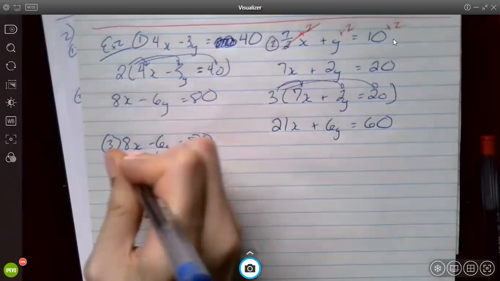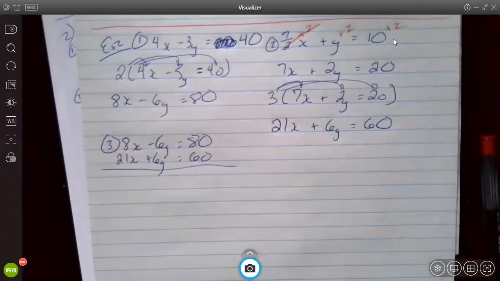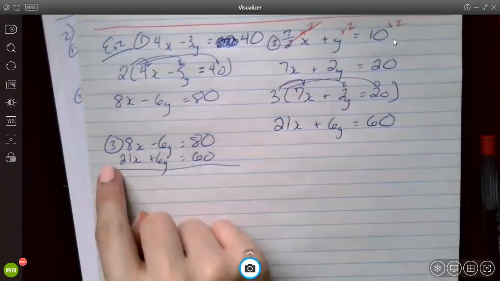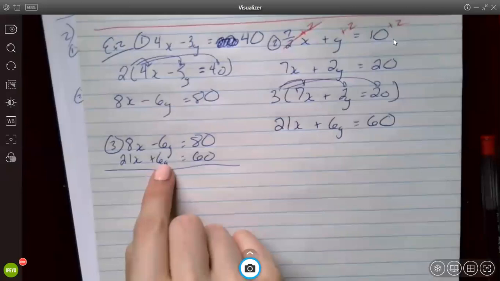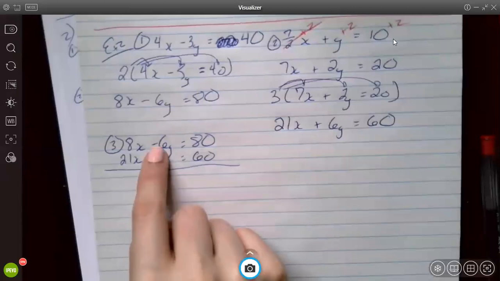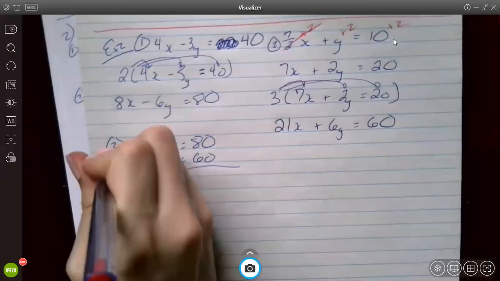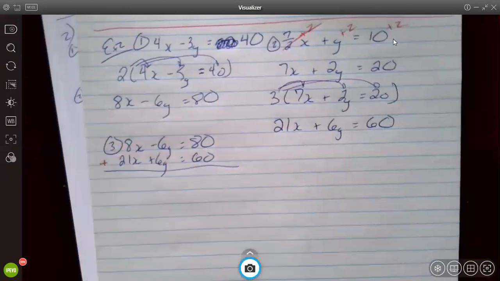Like so. Now this time, unlike last time where I had to subtract in order to get my variables to cancel out, this time, because they have opposite signs, because one is negative and one is positive, I'm actually going to add in order to get these to cancel out.